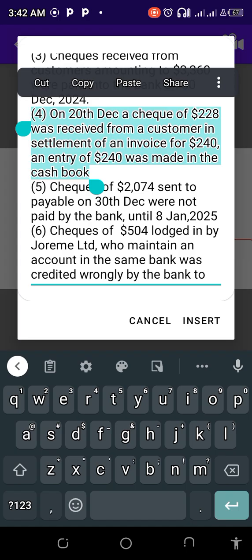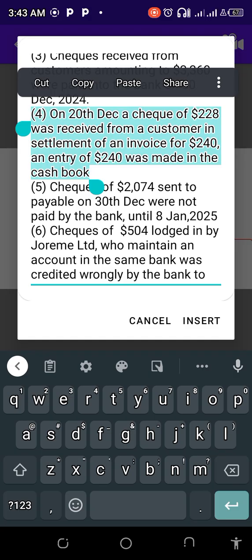This means the receipt side of the cash book has been overcast. Instead of posting $228, the clerk mistakenly posted $240.